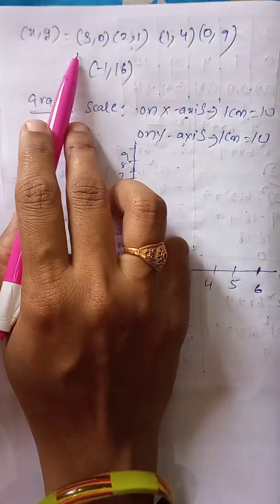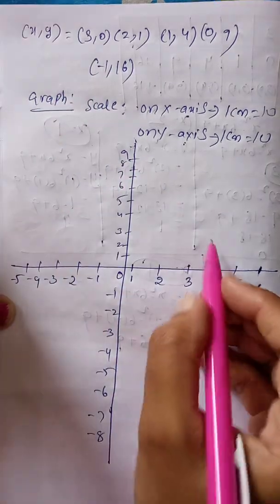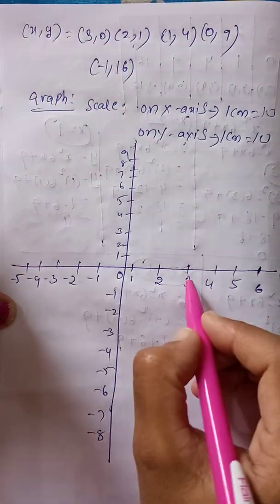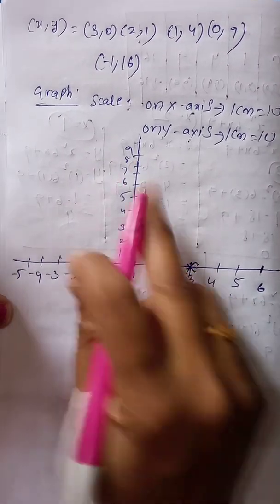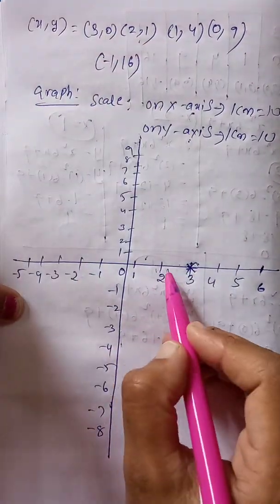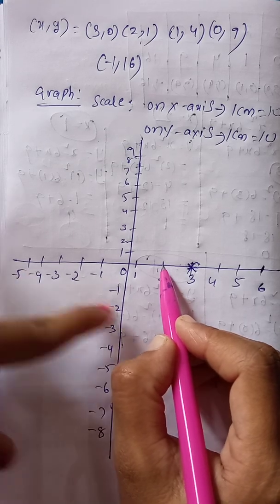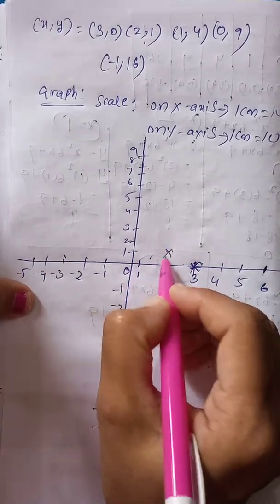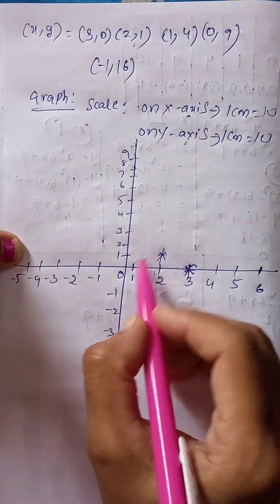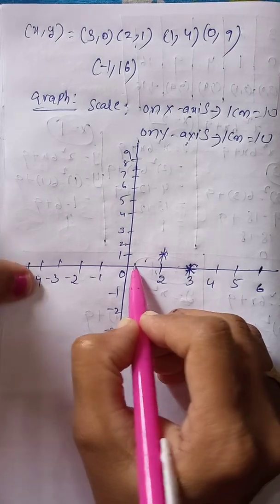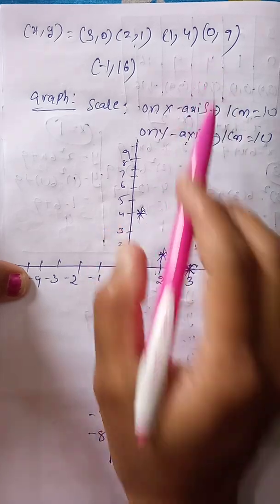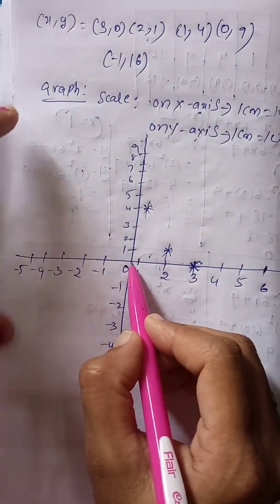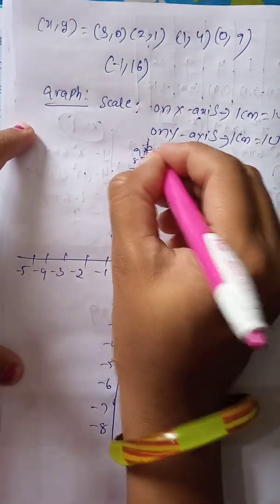The first value is 3 comma 0: on the x-axis 3, y-axis is 0. Next 2 comma 1: on the x-axis 2, y-axis is 1 here. Next 1 comma 4: on the x-axis 1, y-axis is 4. Next 0 comma 9: x-axis is 0 and y-axis is 9 here.